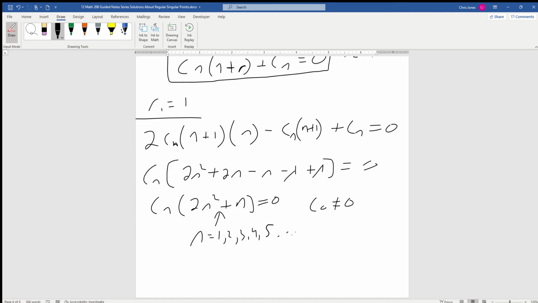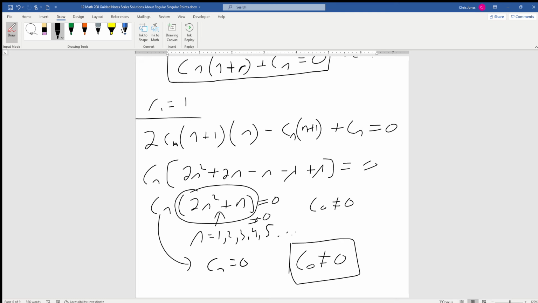In fact, the lowest number it's ever going to be is 3, when we plug in 1. So what does that tell us? Since this will not be equal to 0, the only way this can be true is when c sub n is equal to 0. But c naught can't be equal to 0, so the only one that's going to be true is for c naught.